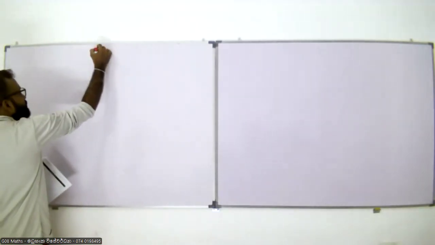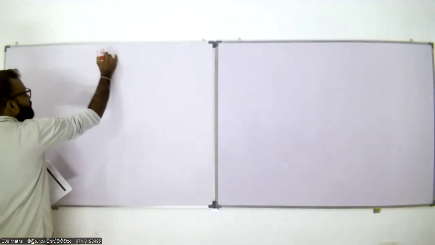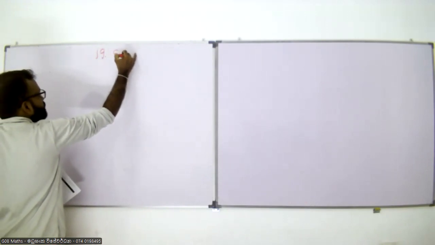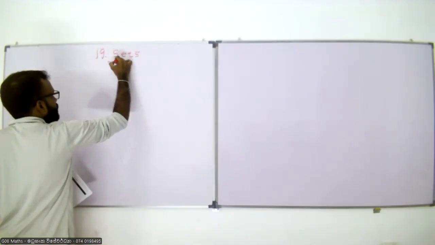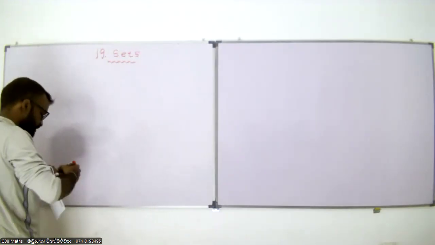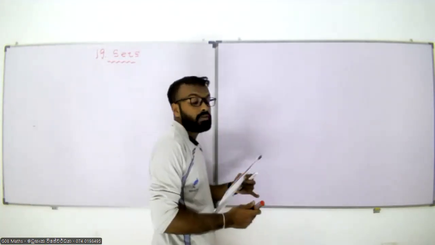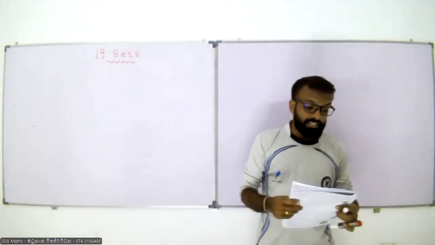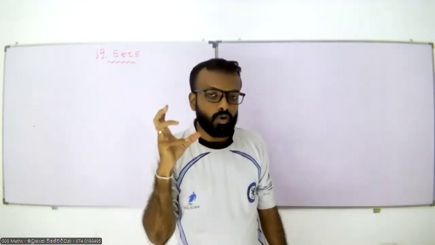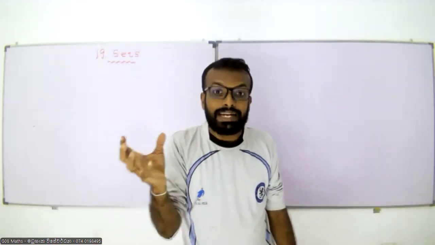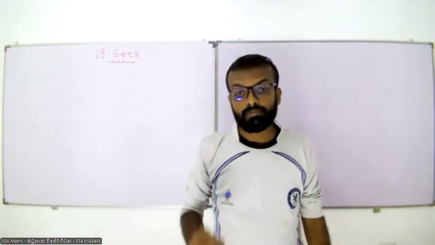This is your 19th lesson, Sets. First of all, I have given you something. What is a set? A set is called something that is identifiable.